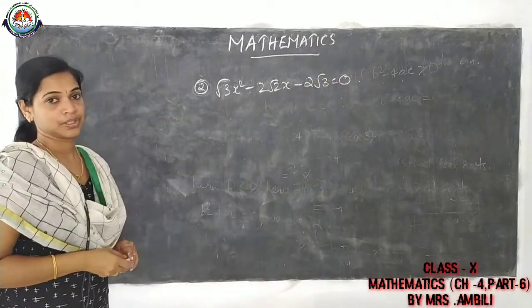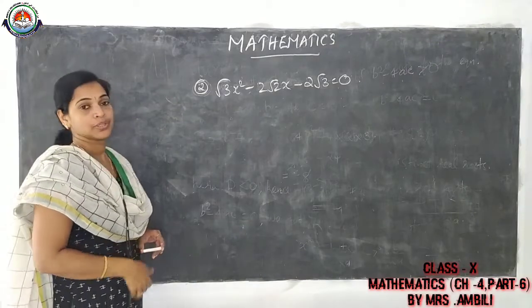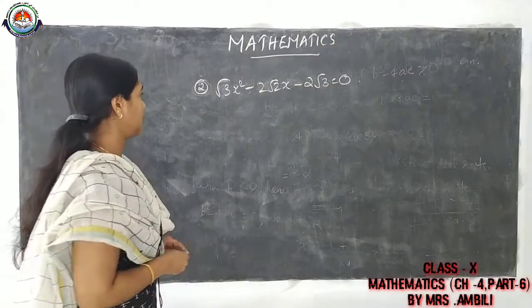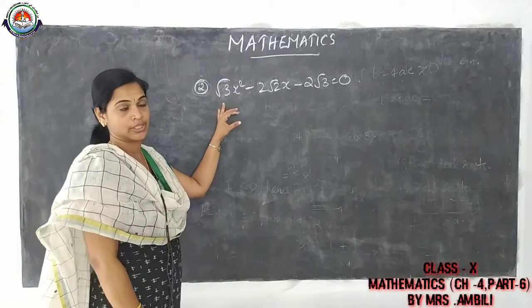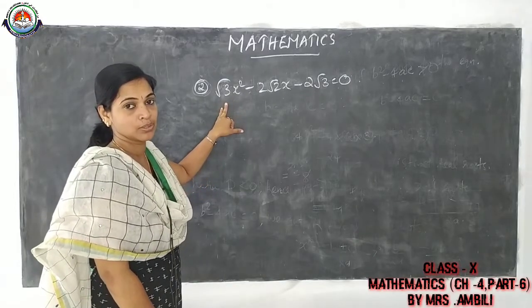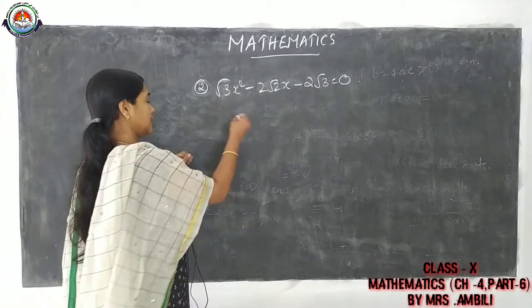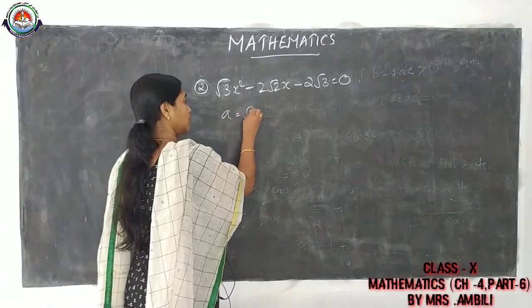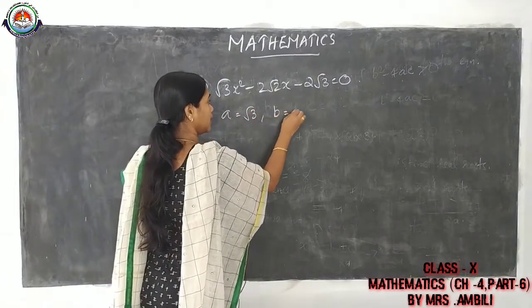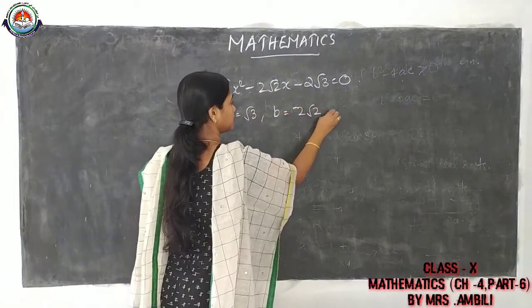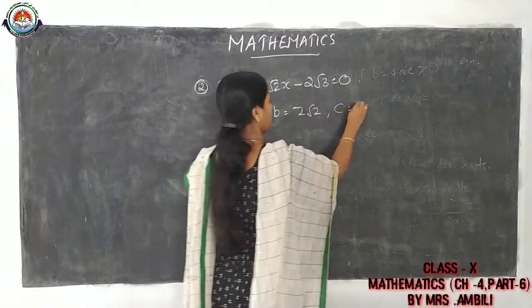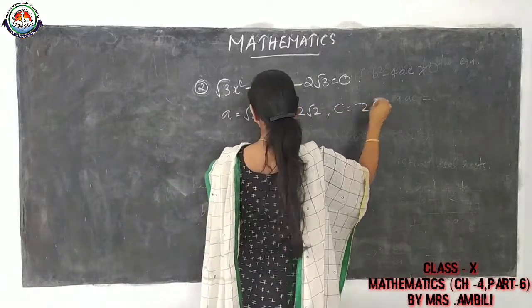Second question. Then what is the first step? You need to compare this with our quadratic equation, ax square plus bx plus c equal to 0. So, we will get the value of a equal to root 3, b equal to minus 2 root 2, c equal to minus 2 root 3.